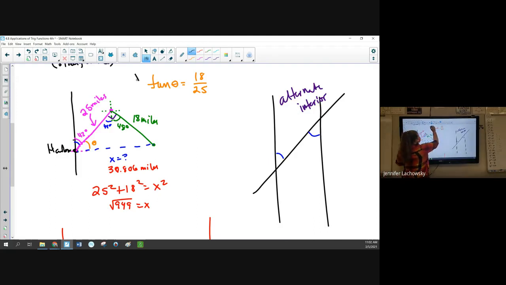Okay, so we take tan inverse. We are in degree mode. So we're going to take tan inverse of 18 divided by 25. 35.754. So I get that that's 35.754 degrees. So what should we do now?